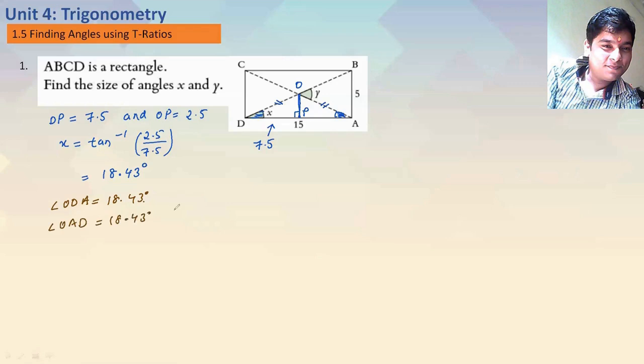As triangle ODA is isosceles. I'm just writing these reasons for you to understand, okay?